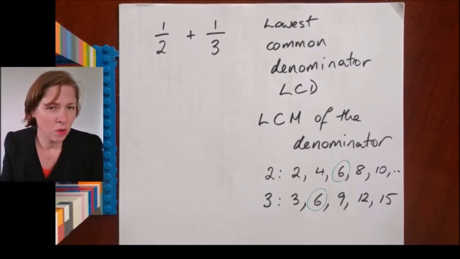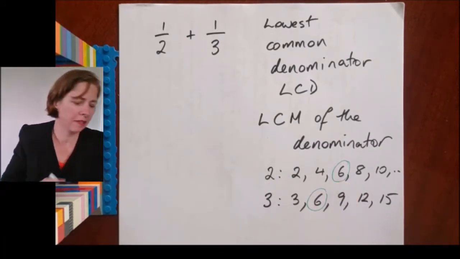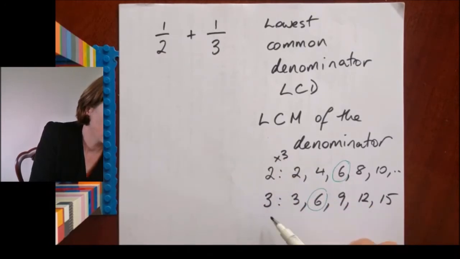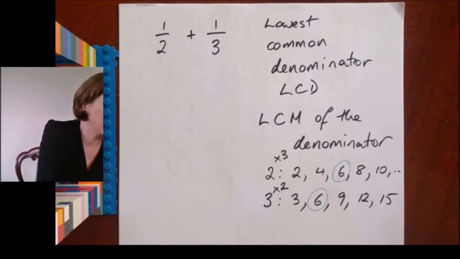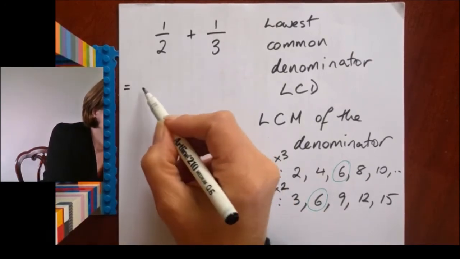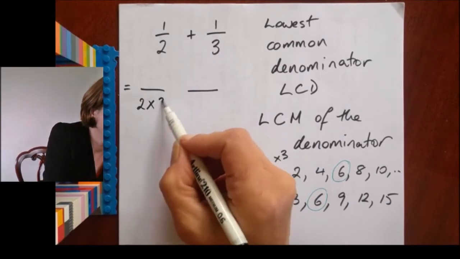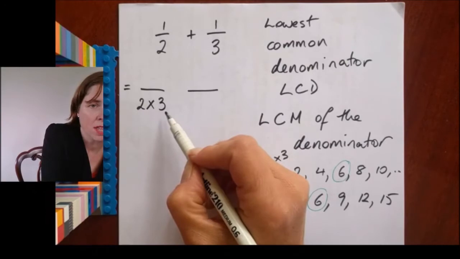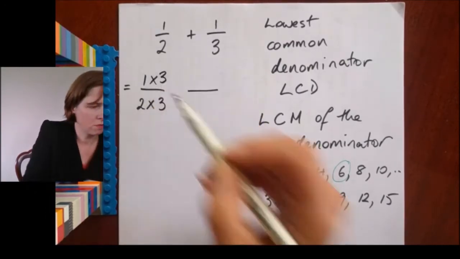Now the next question is, how do I get from 2 to 6 by multiplying? I've got to multiply the 2 by 3, and I've got to multiply the 3 by 2 in order to get to the 6. So let's just look at my denominators. I've got 2 times 3 there. If I've changed my denominator by 3, then I've also got to change my numerator by 3.